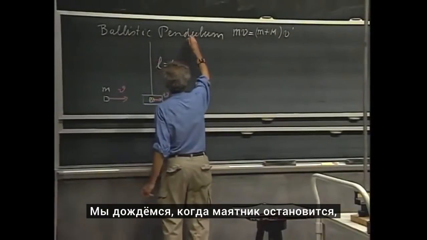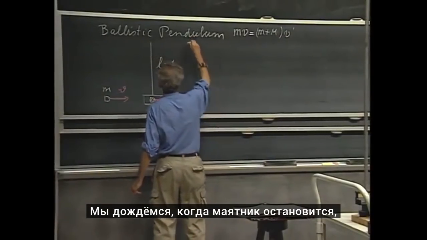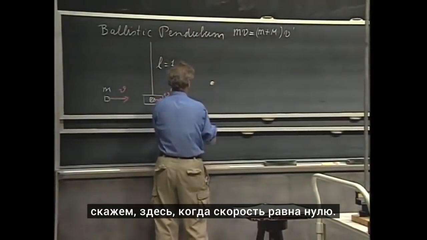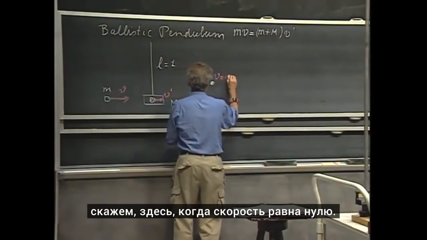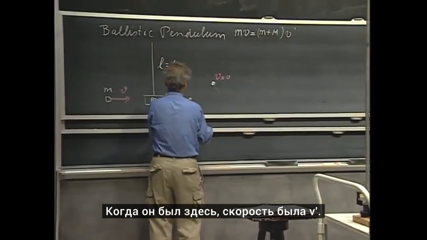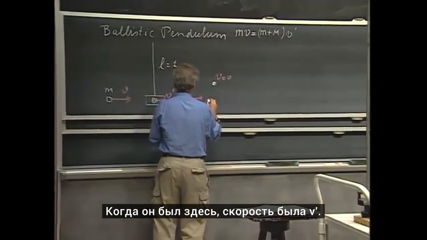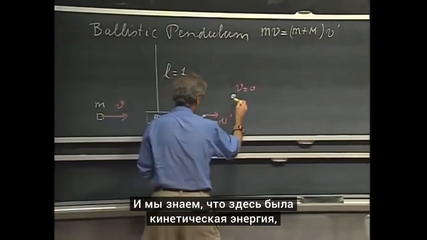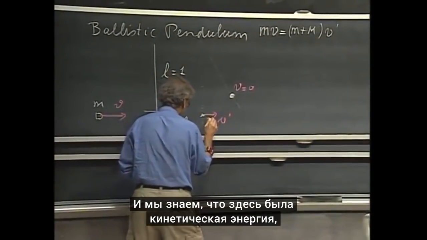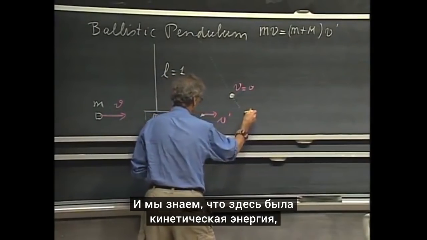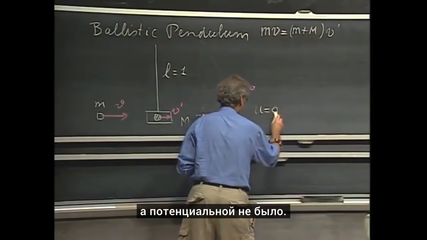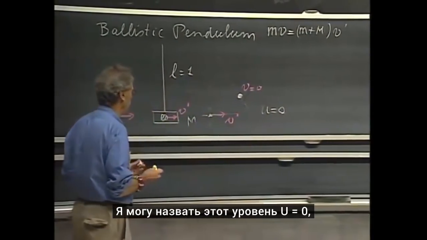Well, we wait for the pendulum to come to a halt, let's say here, when the speed is 0. When it was here, it had a speed v prime. And we know that there was kinetic energy here, no gravitational potential energy. I can call this level u equals 0.